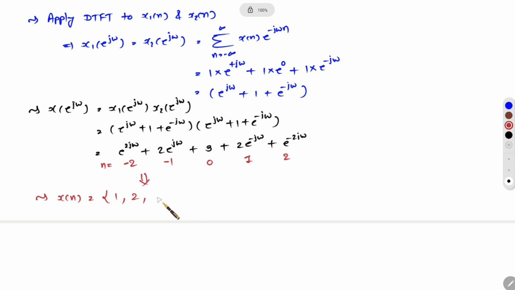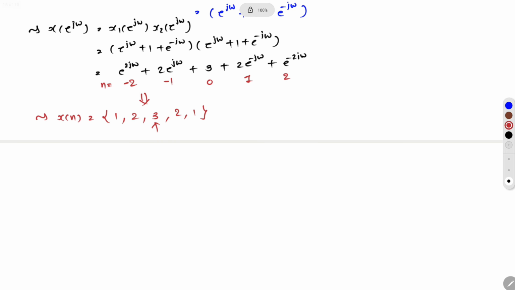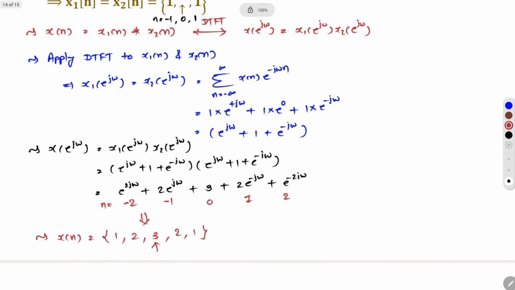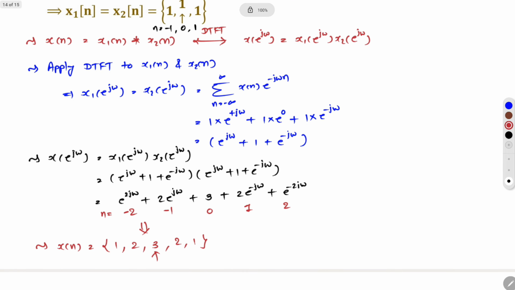Then we have three coefficient at n equals 0, indicated by the arrow. Then we have two coefficient. Then we have coefficient 1, right. So the arrow means n equals 0 where we have three coefficient. And then over this side we have n minus 1, minus 2. Over here we have n plus 1, plus 2. So that is how one can use the property of DTFT to identify convolution as well.